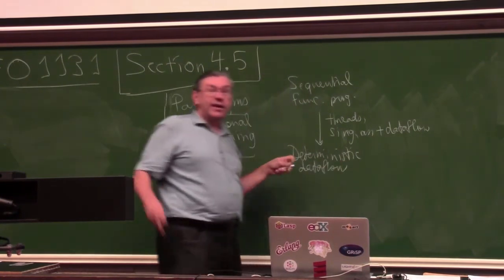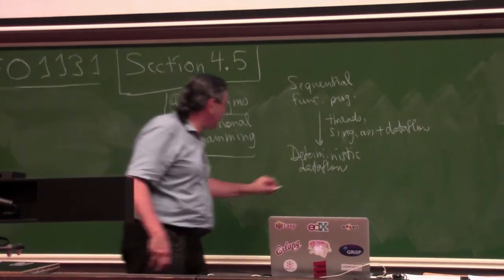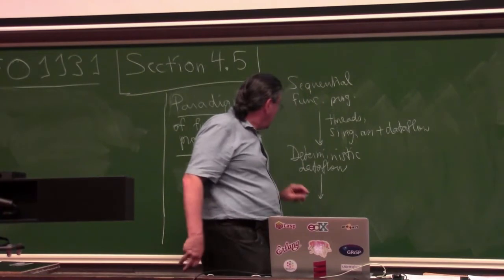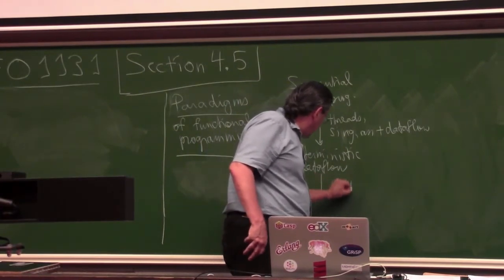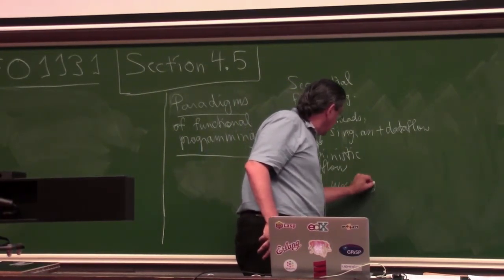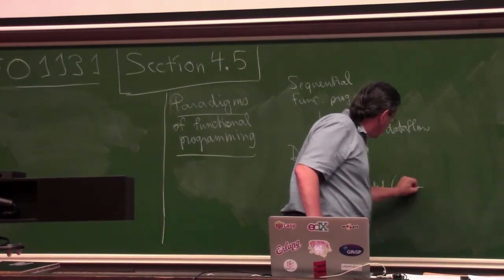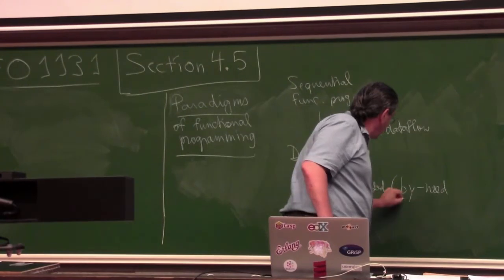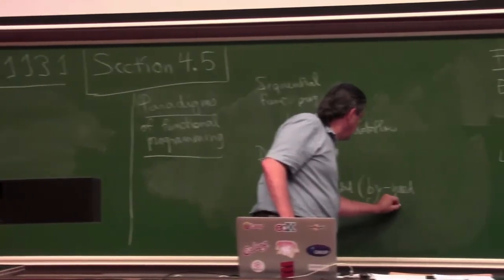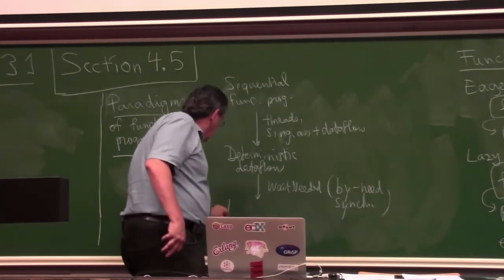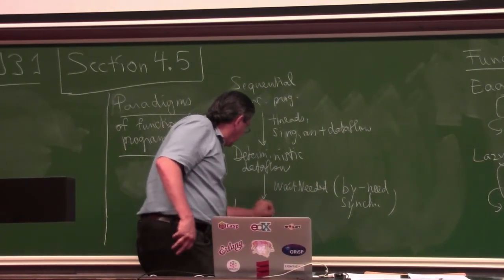So this one is the concurrency for dummies model, okay, what I like to call it. And now if you add a single operation to that, wait needed, which is sometimes called by-need synchronization, then you get lazy deterministic data flow.